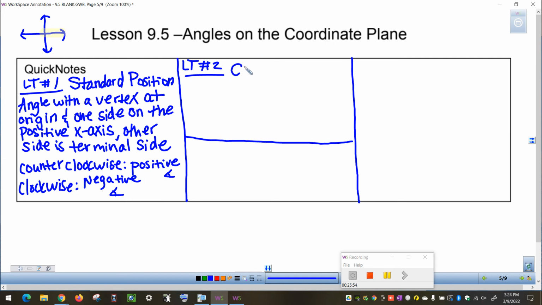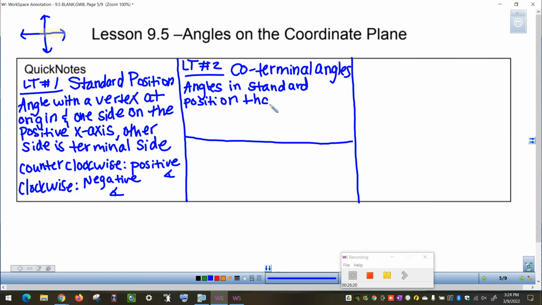All right, second learning target here is we wanted to find coterminal angles. And this is really just defined as angles in standard position that share a terminal side.